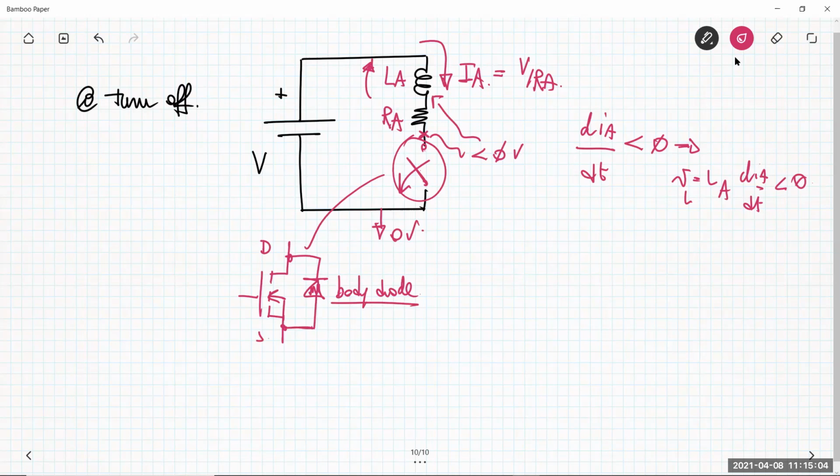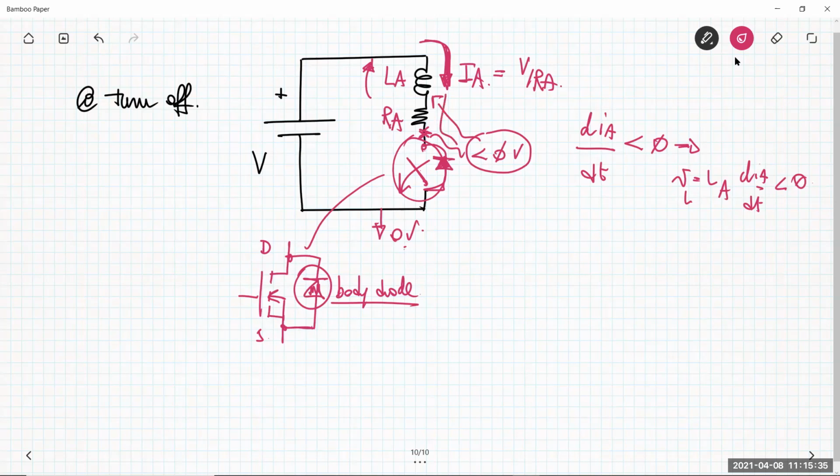So when the voltage at the drain reaches a value less than the value at the source, this body diode is conducting. So the current IA forces the conduction of this diode.